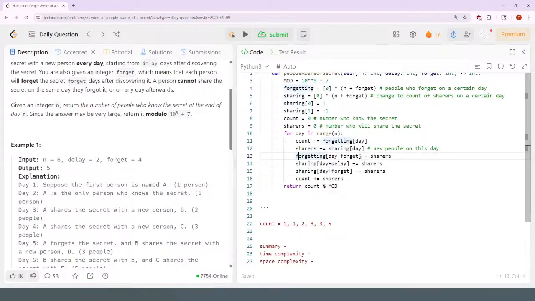So I'm wondering why this thing is plus equals right now. Why isn't it just equals? So count is removed by the number who forget.